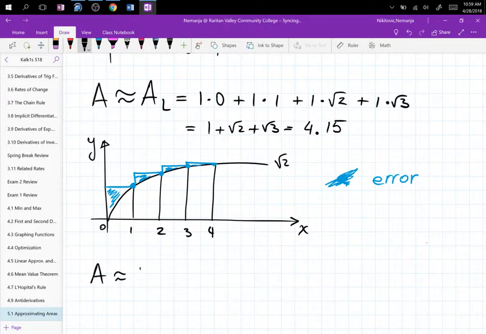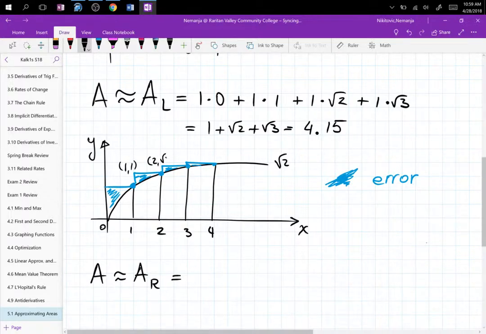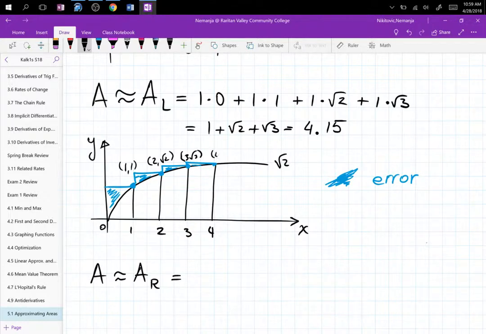All right, so what is the approximate area now? Area approximated by area with the rectangles from the right is, again, we still have our 1, 1, 2 root 2, 3 root 3, and 4, 2, because we need those heights. So each of the widths is 1, but first width is 1, and the first height is 1.